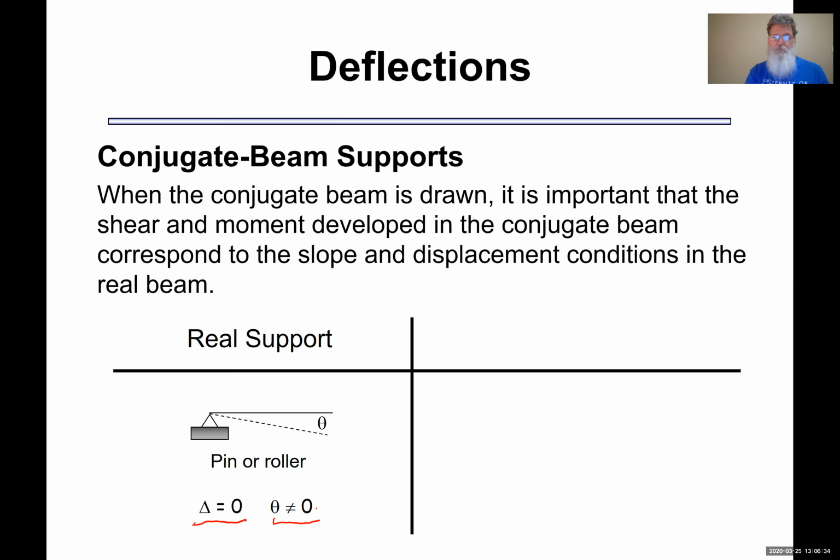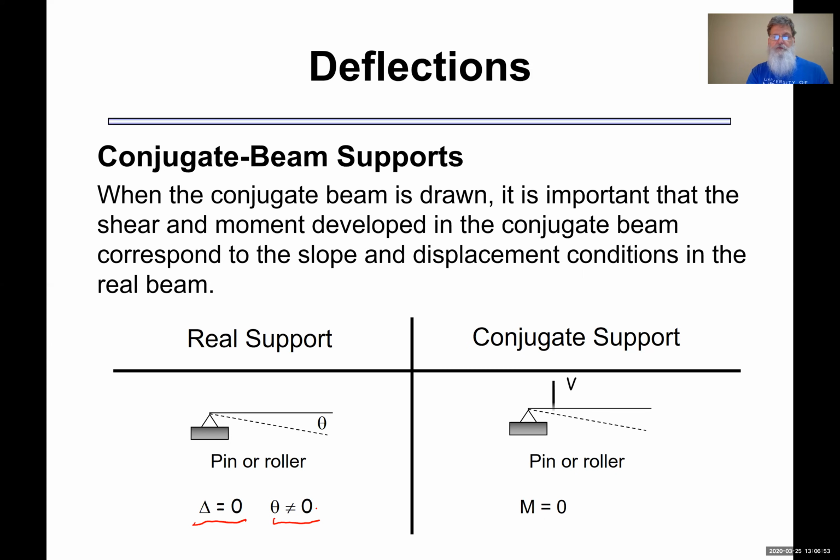So now I have to think of what in the conjugate beam would give me something that has 0 moment and some shear? Well, that would be an external pin again. So an external pin also has no moment and has some shear.